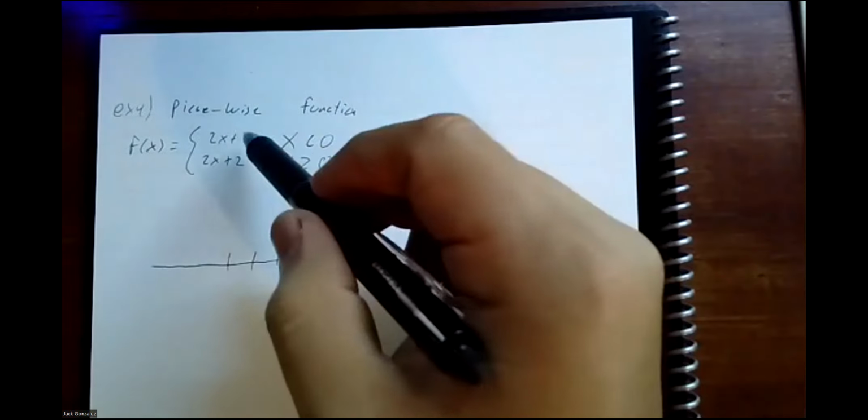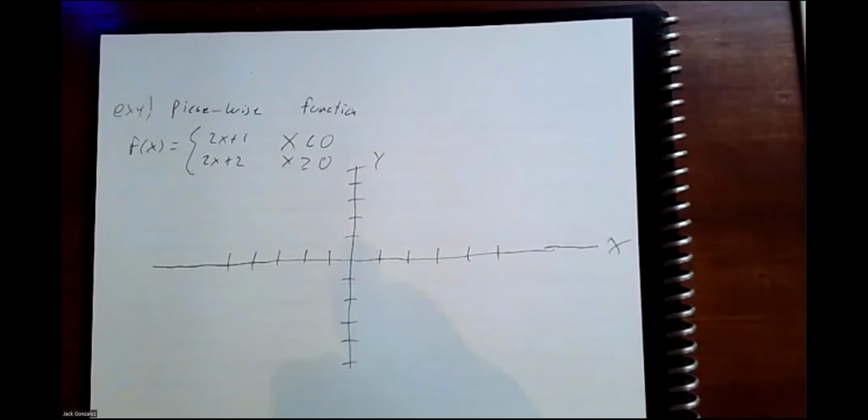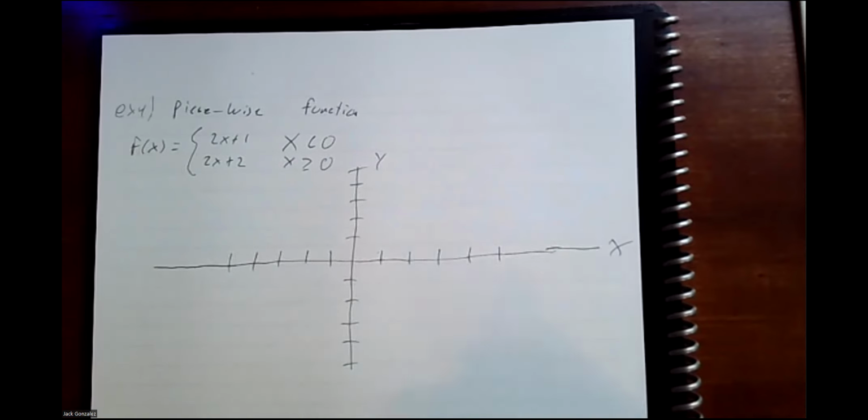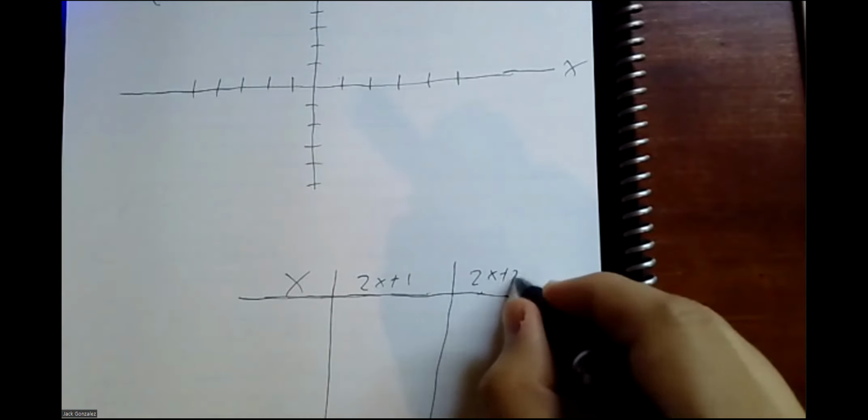So if I plug in a 0 into the first one, right? So let's make a big table here. I'm gonna come back to that.